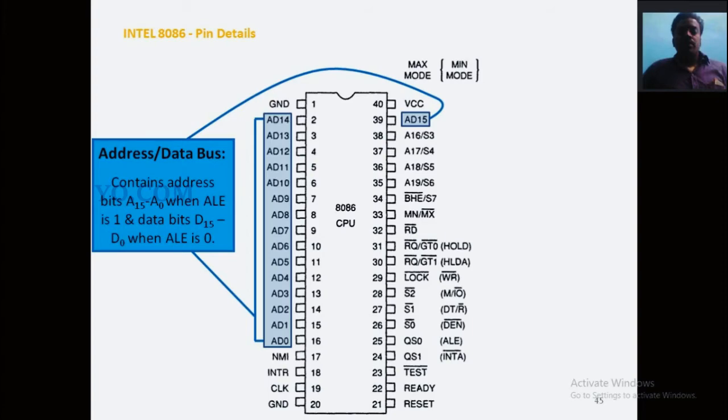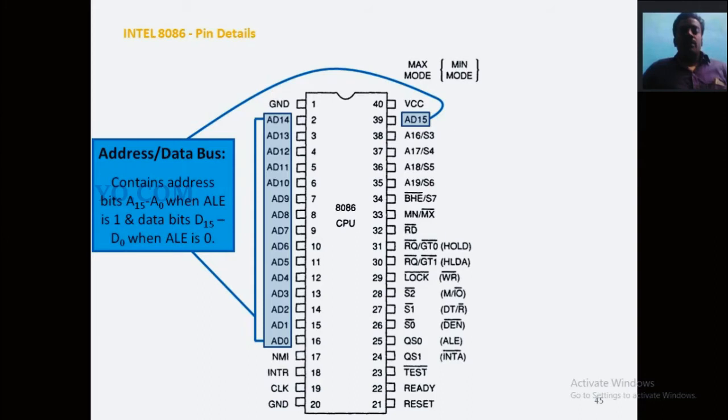So we have a 16-bit data bus and a 16-bit address bus, but the address bus is 20-bit. We will see the remaining 4 bits. This address or data is controlled by another signal, that is ALE.